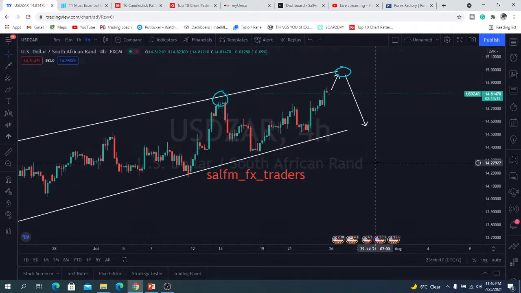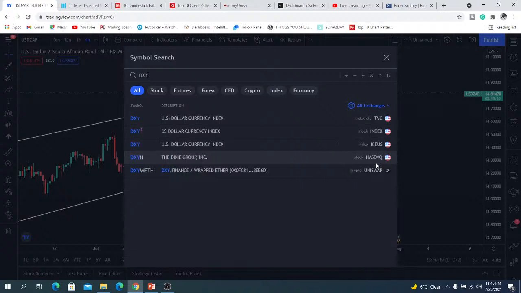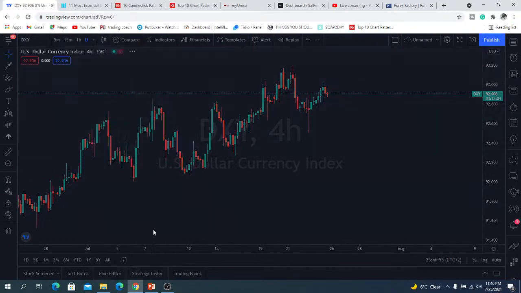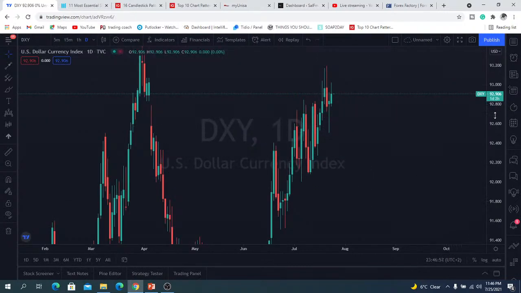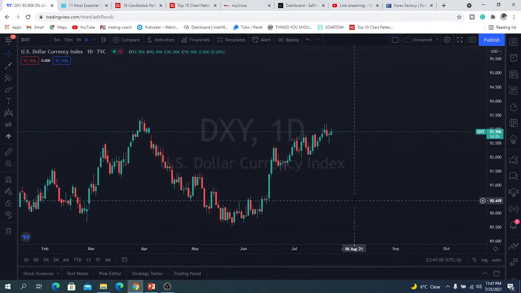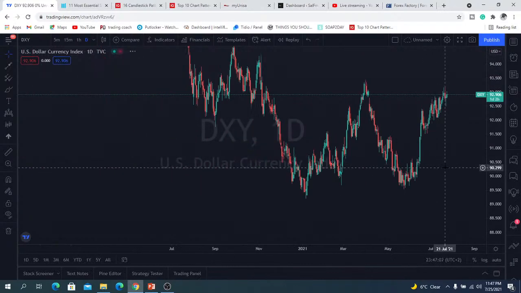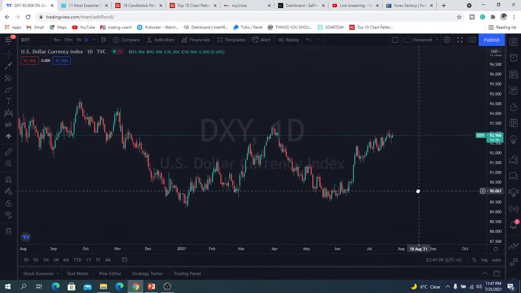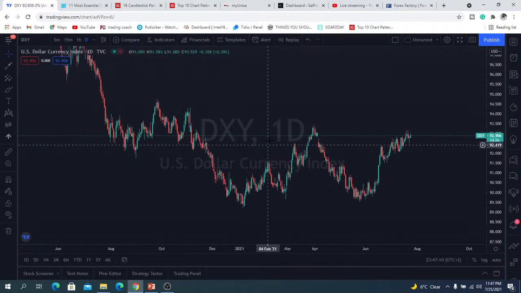Hopefully it will give us something. It's my first time analyzing DXY. So I just need to understand the move first.